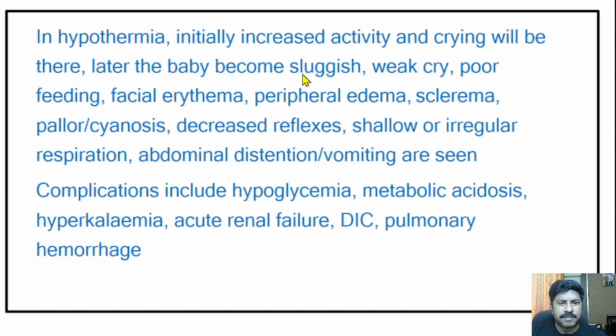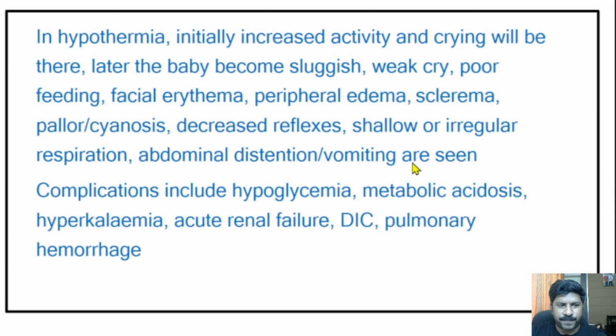In hypothermia, initially increased activity and crying will be there. Later the baby becomes sluggish, with weak cry, poor feeding, facial erythema, peripheral edema, sclerema, that is thickening of the skin, pallor, cyanosis, decreased reflexes, shallow or irregular respiration, abdominal distension or vomiting.